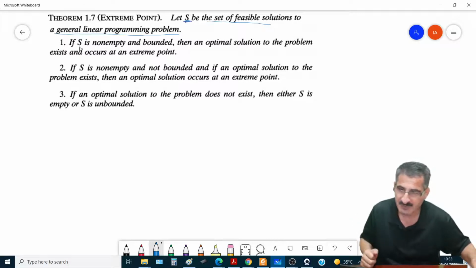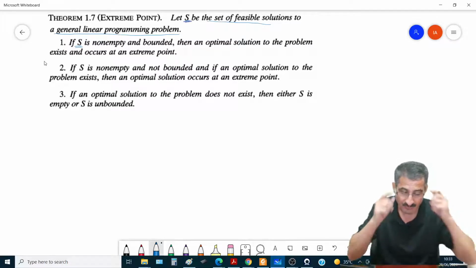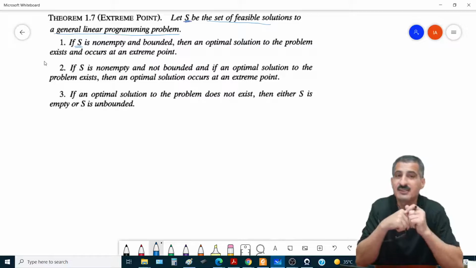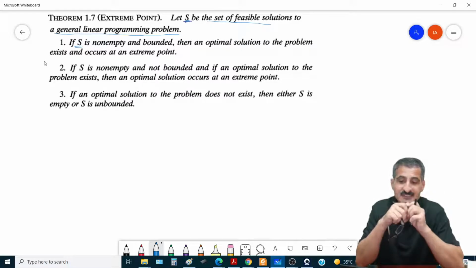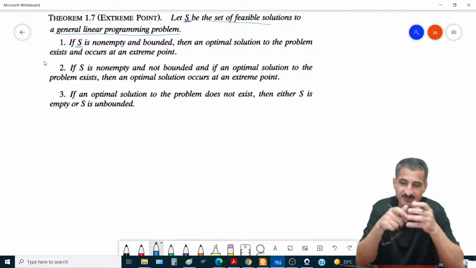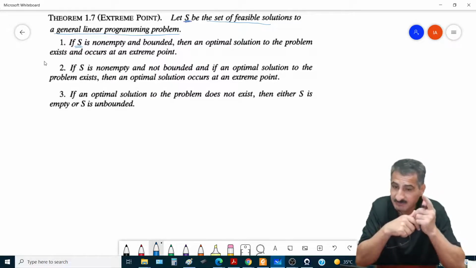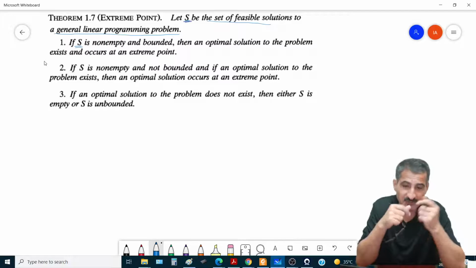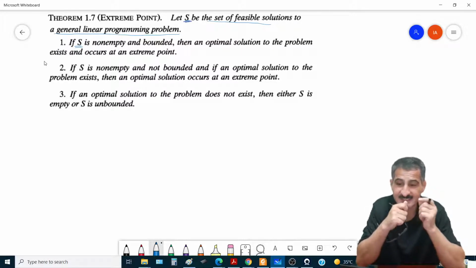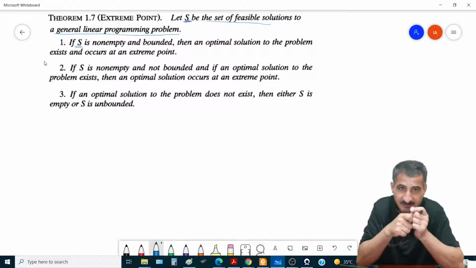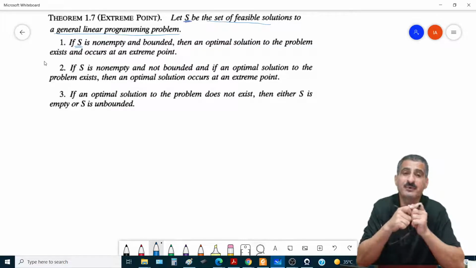Now, if S is non-empty, you know that S is a convex set. If S is non-empty and bounded, then the optimal solution to the problem exists, and it occurs at an extreme point.